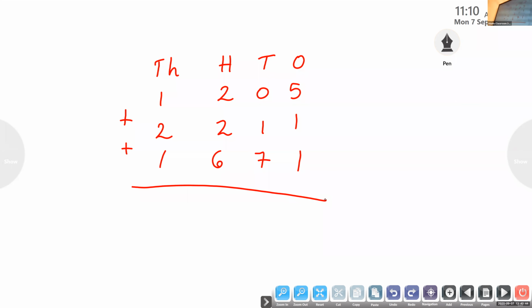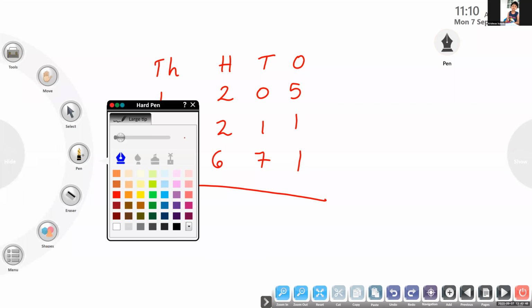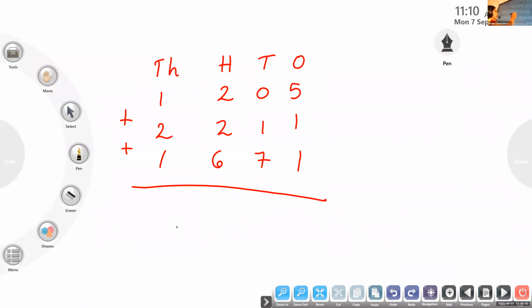Which place digits do we have to add first? Ones place. Which are the ones place digits? 5, 1, 1.